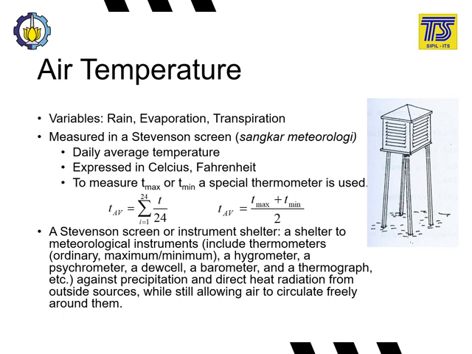It protects against precipitation and direct heat radiation from outside sources. So the meteorological instruments can be safe inside while still allowing air to circulate freely around them, because it has a little bit of holes, so the air can circulate freely around them.